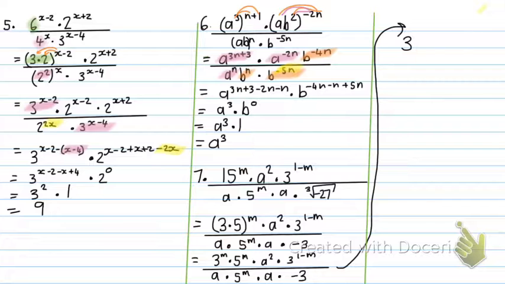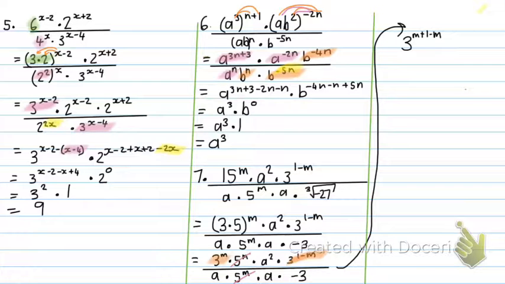Now, I'm going to mark everything that's the same. I have the same base, so those two have the same base. Then it's going to be 3 to the power m plus 1 minus m. Then I'm going to cancel out a few things. 5 to the power m can cancel out with 5 to the power m at the bottom.